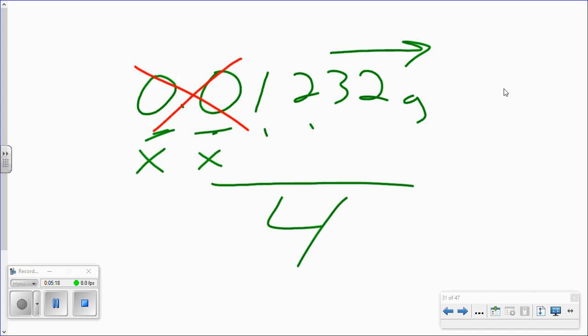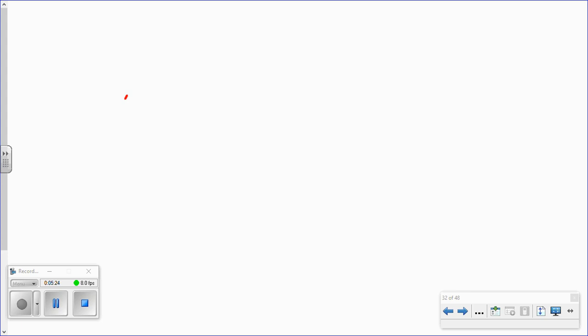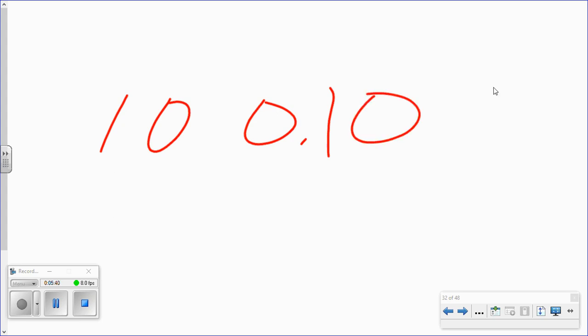So if I could give you one more example, what if I have the following situation? What if I have here, how many significant figures? Again, you can pause at any time. The answer is 4. How many significant figures? Still 4. How many significant figures? Now there's 5. How many significant figures? 5.